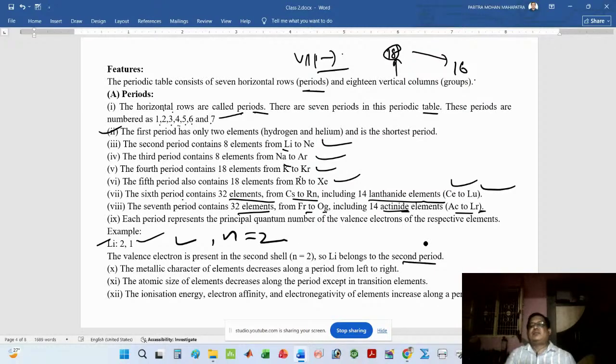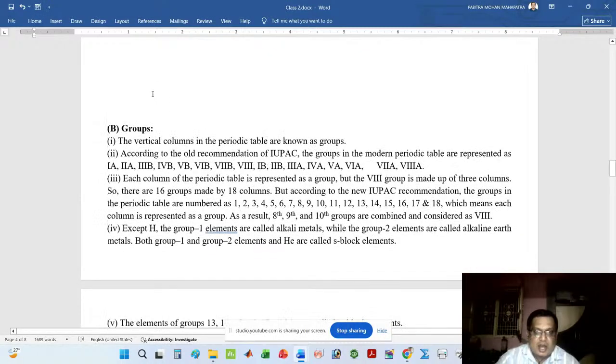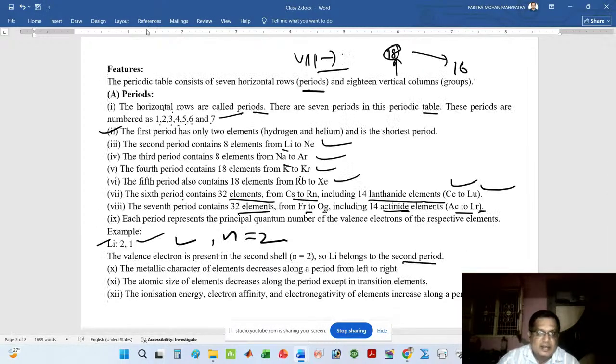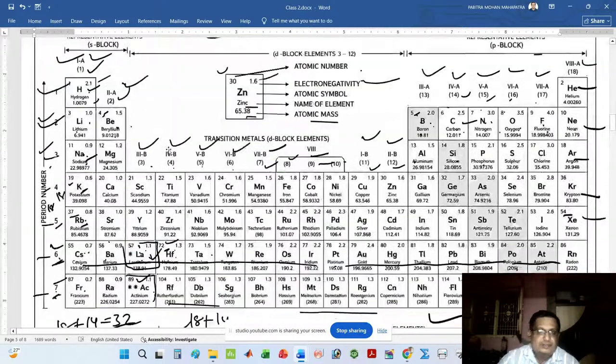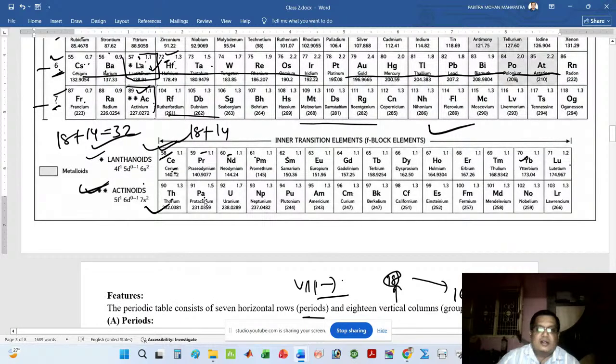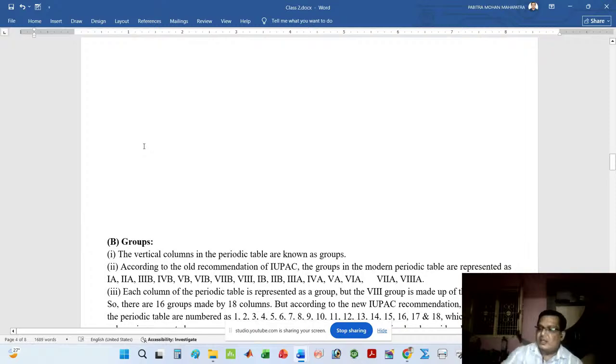Let me explain clearly. Suppose I take an element, magnesium. Suppose a question asks in which period magnesium is present. How will you give the answer? Draw the electronic configuration of magnesium.